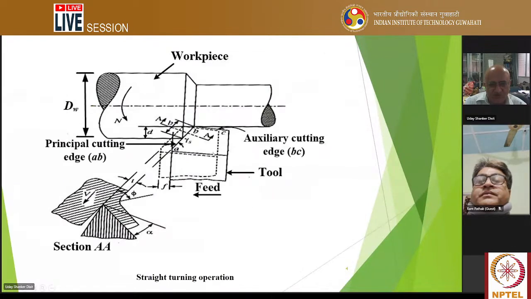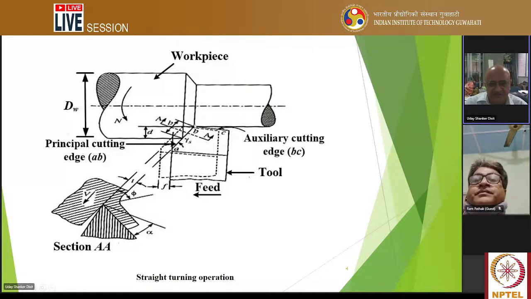This is turning, and I want to emphasize again how the cutting is taking place, and how the side cutting edge is taking the chips, and how the chip thickness is related to the feed. It is feed times cosine of that angle, and depth of cut is related to the width, not the other way around. Chip thickness is dependent on the feed, because the cutting edge is this.